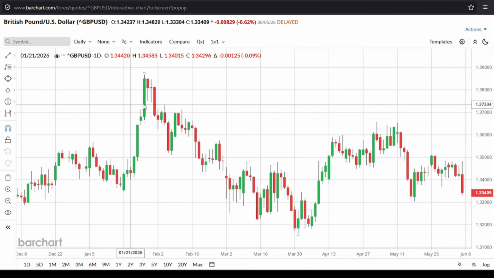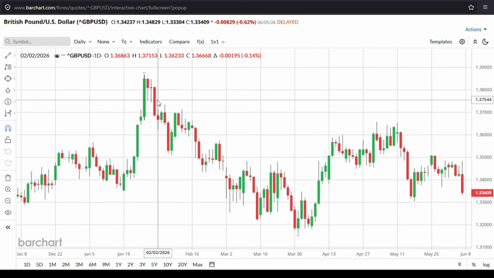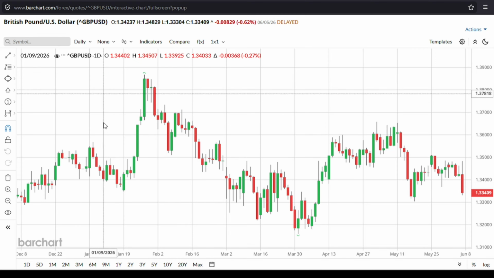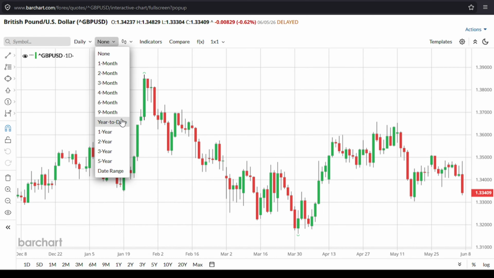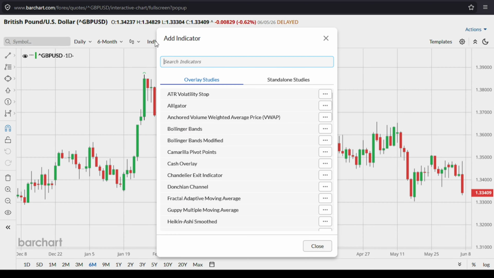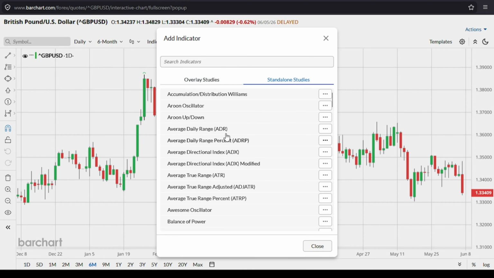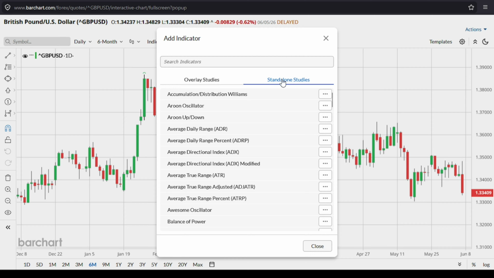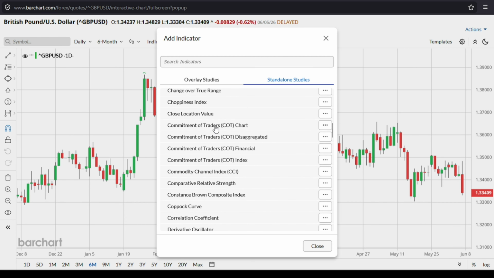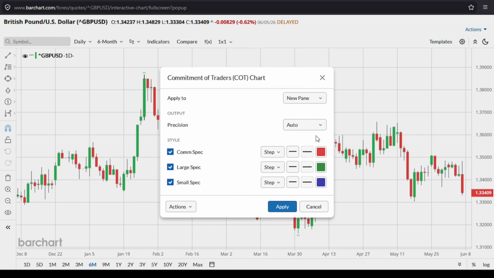So we get our commitment of traders data using a chart that is already built in to barchart.com. Six months worth of data, and the indicators can be found in the indicators tab. Once you click on the indicators tab, you go to the standalone studies, you scroll down until you see the commitment of traders chart. Now, this is the commitment of traders chart, and it has 3 styles.